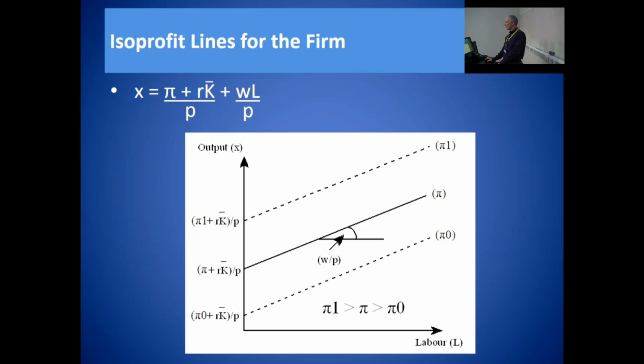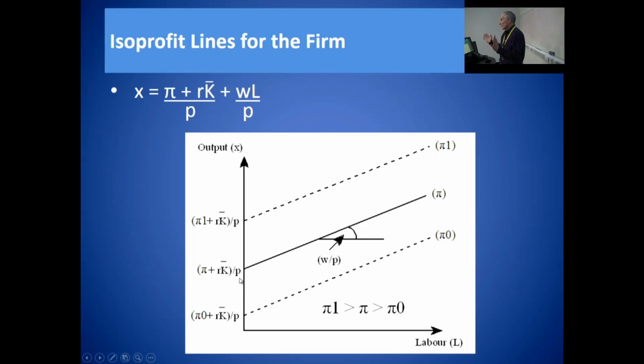What then about these other lines in the diagram? Well, again, I want you to go back and think about the intercept here. The intercept is profits plus fixed costs divided by P, the unit price of output. Well, we're talking about the price taker firm. There's nothing that the firm does that affects fixed costs, nor the output price.